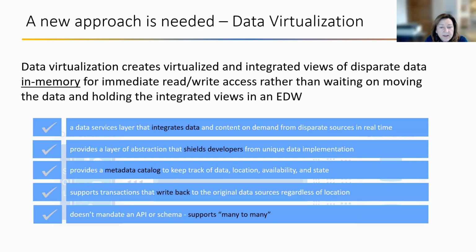It's all part of the data virtualization solution. It supports transactions that write back to the original data sources, regardless of their location. And it doesn't mandate a particular API or a particular schema. It supports many-to-many. So these are the primary components of a data virtualization solution.